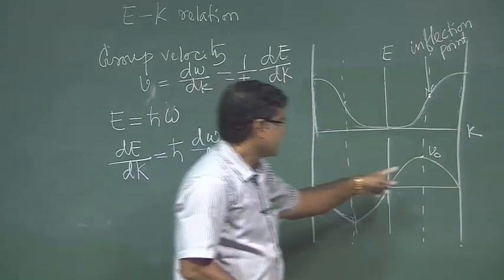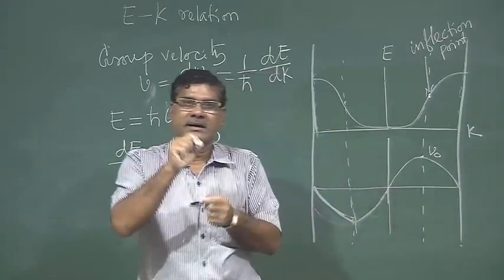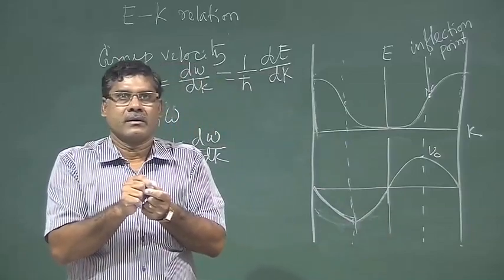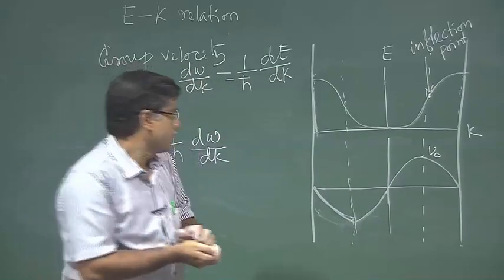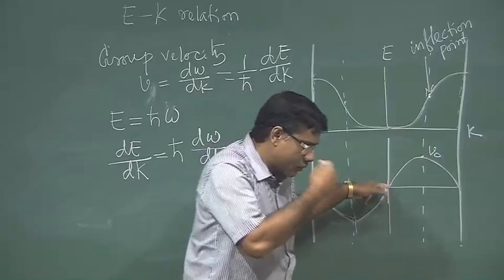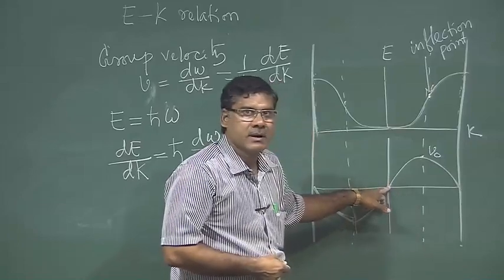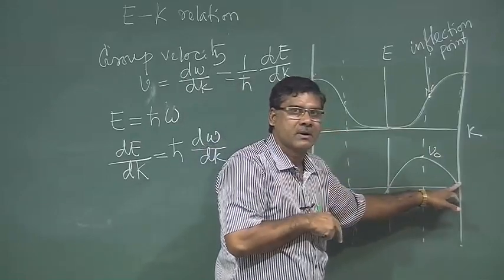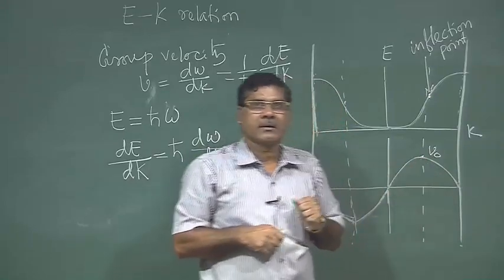Now consider the electron in a crystal, in a band. Its velocity at the bottom of the band is 0, at the top of the band it is 0, but in the middle of the band it is maximum.